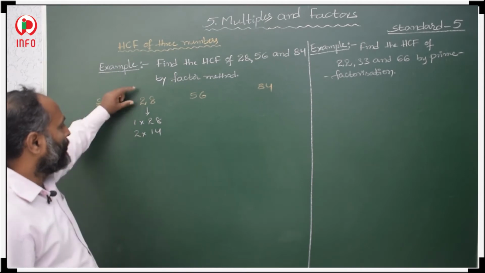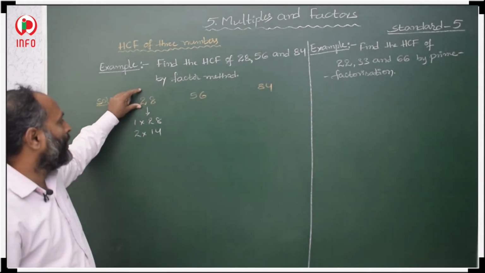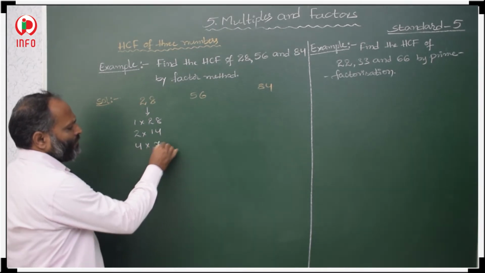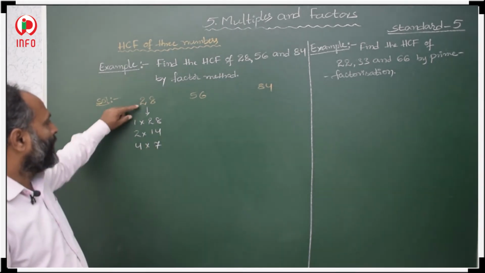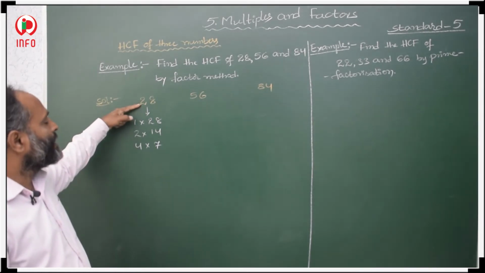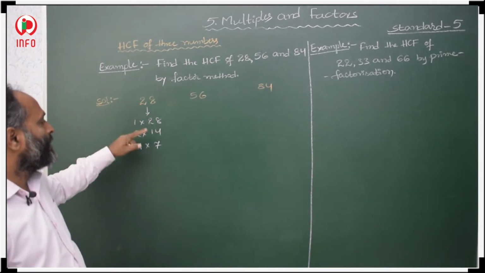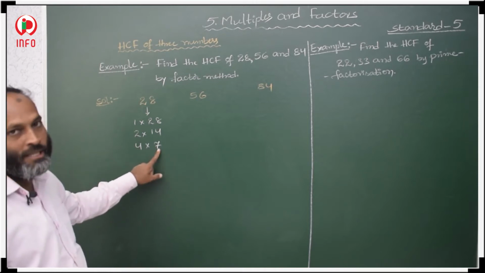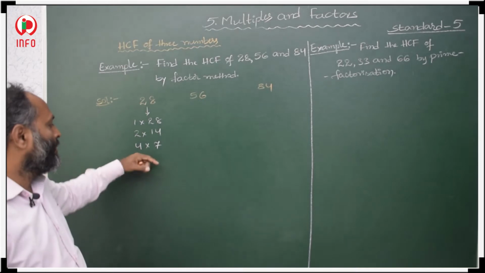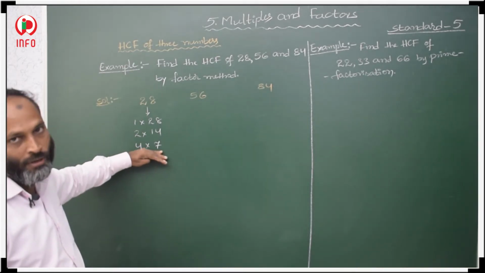In the 3 table it won't divide. In the 4 table, 4 sevens are 28. Then in the 5 table it won't divide, and in the 6 table it won't. In the 7 table, 7 fours are already covered by 4 sevens, so it repeats. So don't take it, stop till here only.